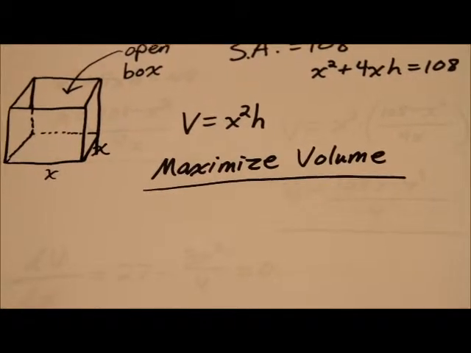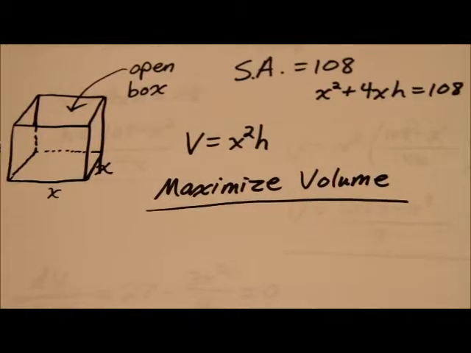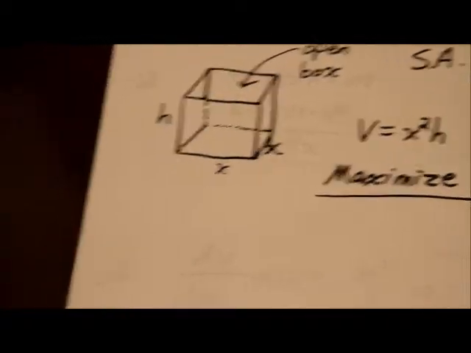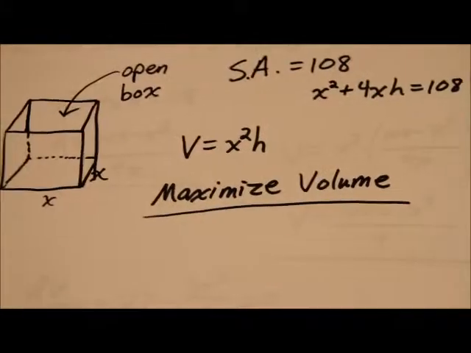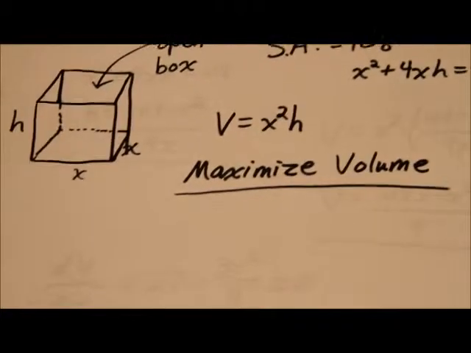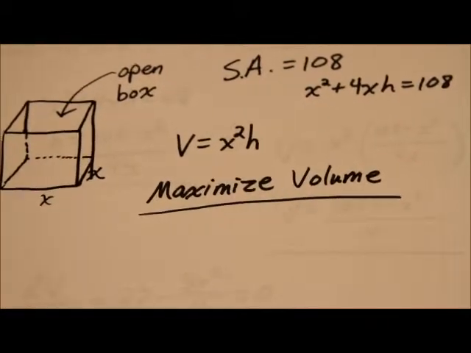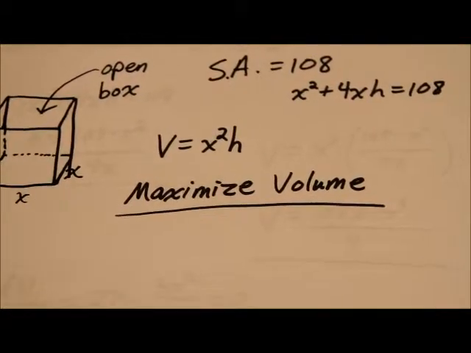So let's see how this relates to optimization. You're working for a company that wants to design an open box with a square base of side length x and a height h. Because it's an open box, you only have to worry about 5 sides as opposed to the regular 6. They tell you, all right, we want the surface area to be 108.